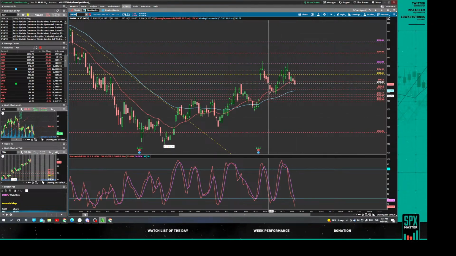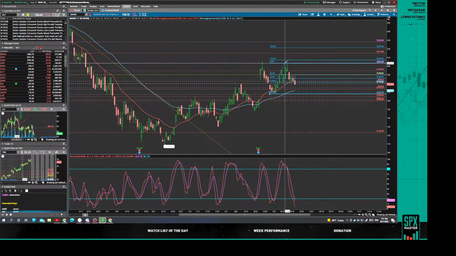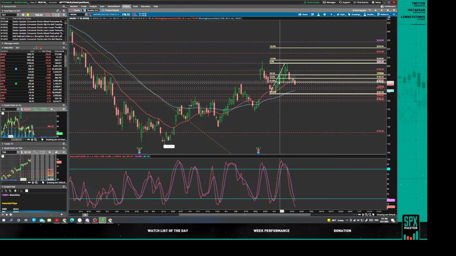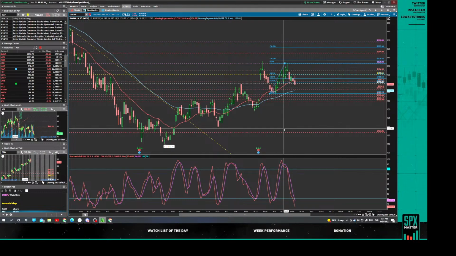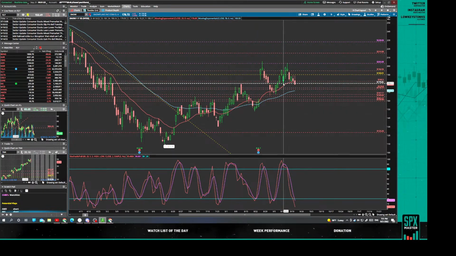Let's see. The last leg up that it did was this. You have the very first candle close below the 20. If you notice, there was a bounce off the 20 right here and right here, and then there's a first candle close below the 618.